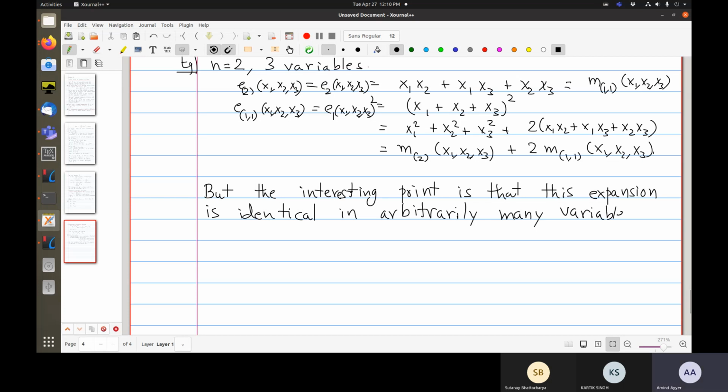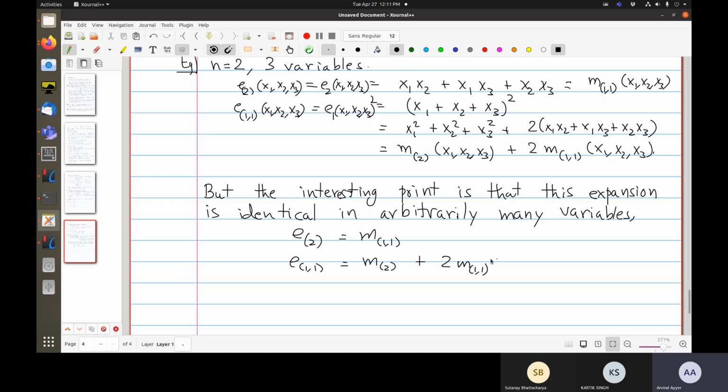For example, if you had just taken two variables, then this would just be x1 x2. So that is M11 in two variables. And here you would have x1 plus x2 whole square, which is x1 square, x2 square, 2 x1 x2. So again, you would get the same expansion. But you can easily check that you take any number of variables, it's true. So E of 2 is actually M11, and E of 11 is M of 2 plus twice M11.